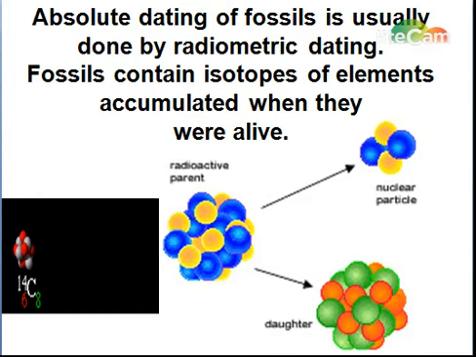For example, the radioactive isotope of carbon-14 is present in living organisms in the same proportion as it occurs in the atmosphere. But when the organism dies, the proportion of carbon-14 in relation to the total carbon declines as the carbon-14 decays to nitrogen-14.